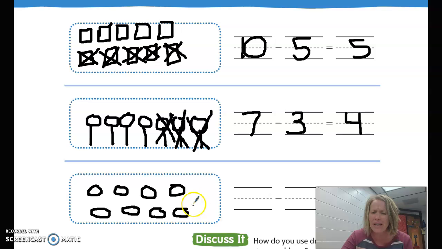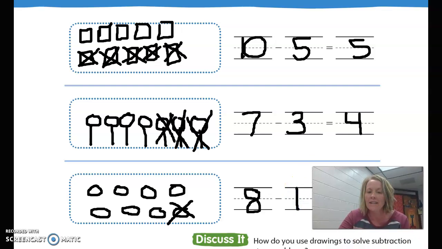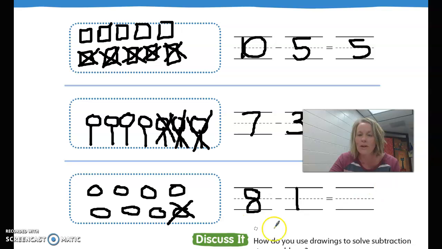How do we show he flew away? You're right, we X it out. Let's write our number sentence. 8 take away 1 equals, how many are left? 1, 2, 3, 4, 5, 6, 7. You are right. 8 take away 1 equals 7. Nice job, boys and girls.